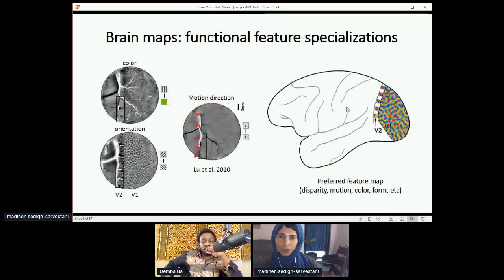The other type of large-scale organization is functional domains, where different pieces of cortex have different sensitivity to different visual features. And probably the most striking example of this can be found in primate V2.